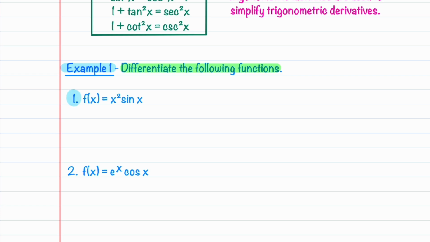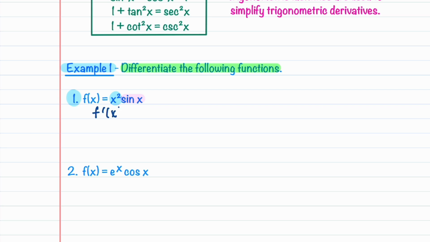In our first example, we have f of x is equal to x² times sine x. Notice that this function has 2 pieces, the x² piece and the sine x piece. So when we take the derivative, we are going to have to use the product rule. Let's go ahead and do that.